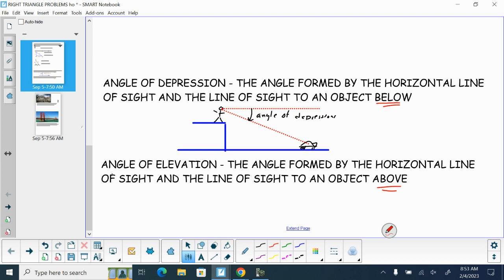It's the angle formed by the horizontal line of sight and the line of sight to an object that is above.